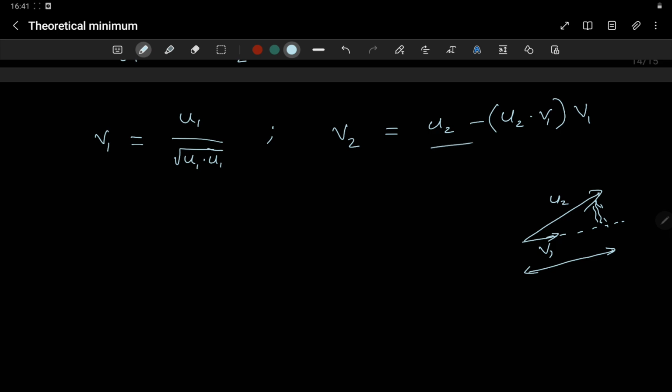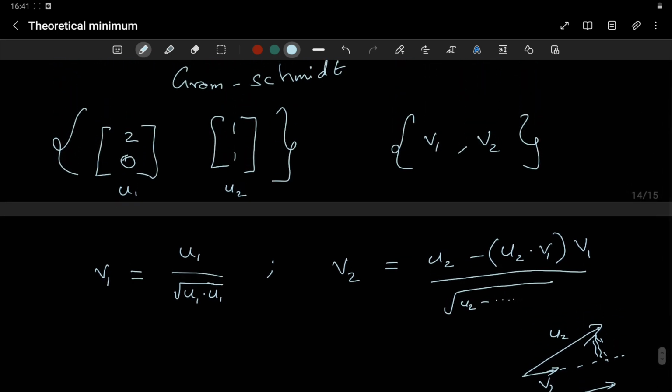So you have to divide by the square root of this quantity. So u2 minus that, divided by the denominator, will provide you v2. Why don't you try for u1 and u2? What are v1 and v2? So (2, 0) is u1, (1, 1) is u2.